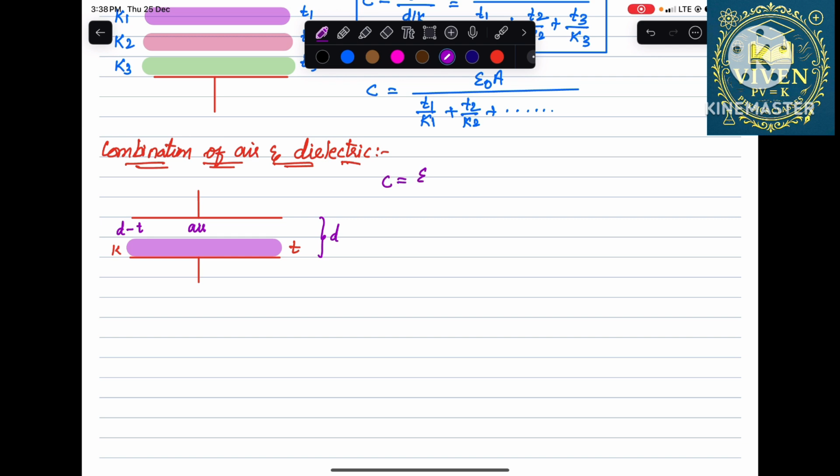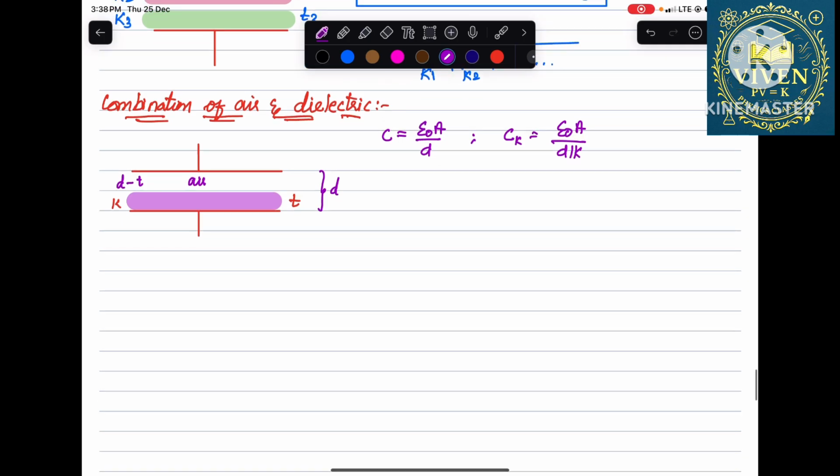So for air, C equals epsilon naught A by D. If the dielectric was present, Ck equals epsilon naught A by D by K. But now it is a combination of air and dielectric.